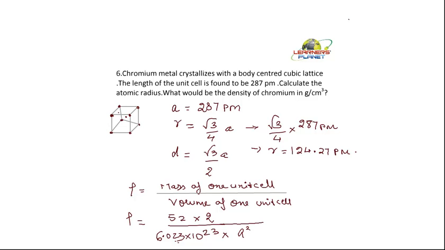Volume would be a cube, and that is equal to 52 into 2 divided by 6.023 into 10 to the power 23 into 287 picometers cube, and you can just convert it. I don't have space over here.